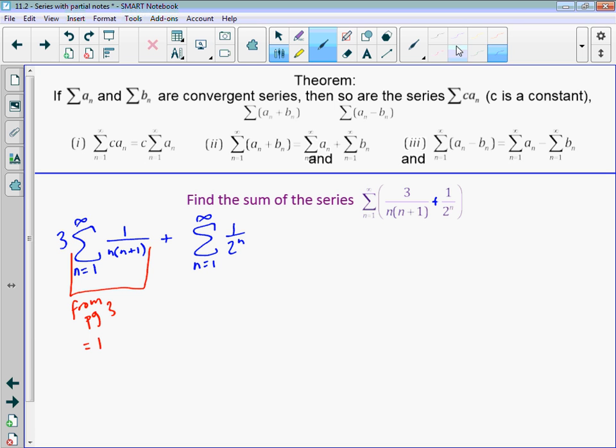And then this piece over here, anyone recognize what that's going to be? We might have done this exact one. Did we do this exact one? It's not from the first page.